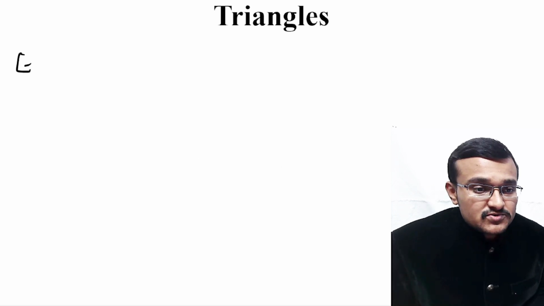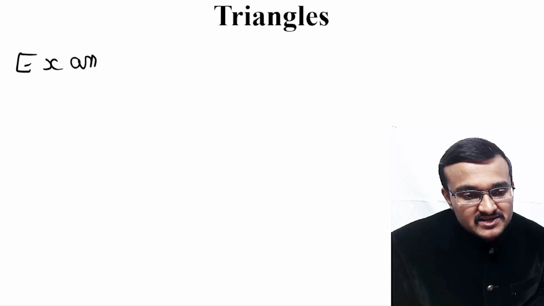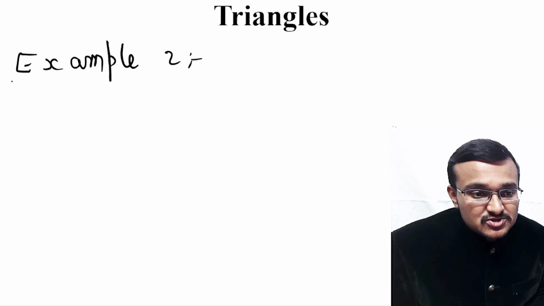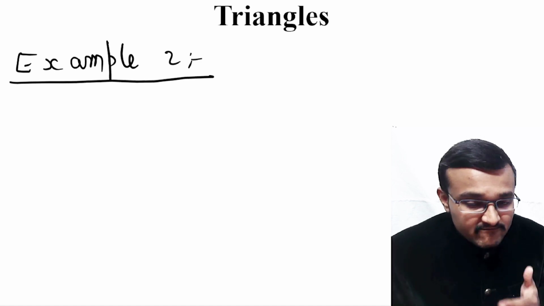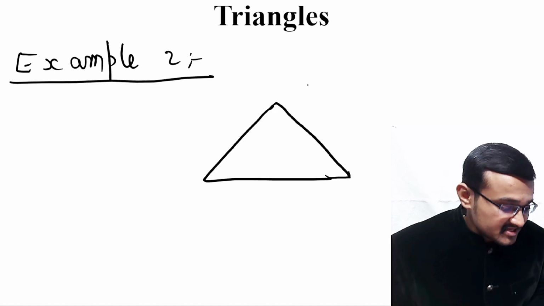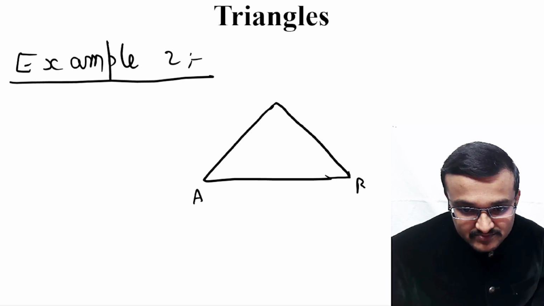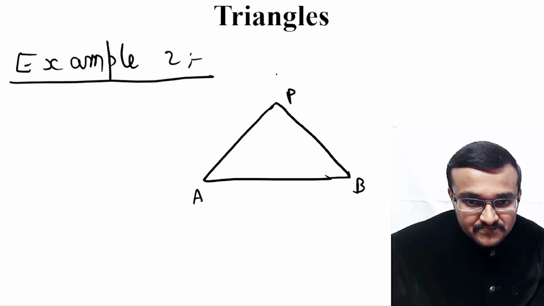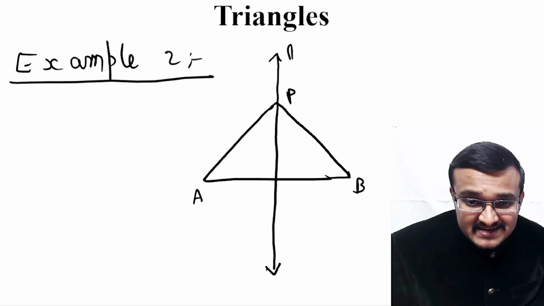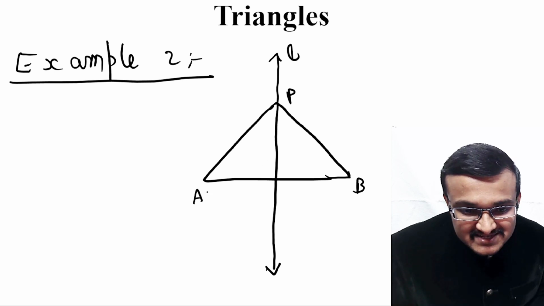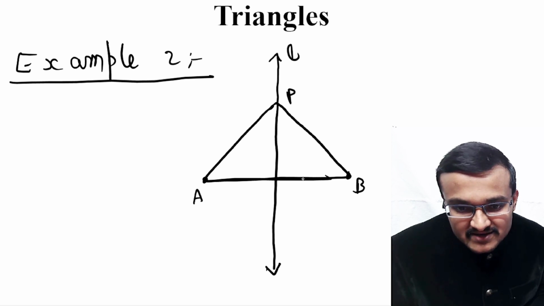Now we will look into the next example in this chapter, that is example 2. In example 2 we have one particular diagram. This point is A, this point is B and this point is P. In the question they are saying that there is a straight line named L which bisects the straight line AB.